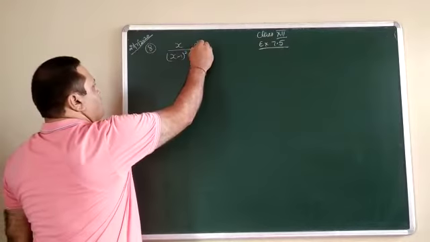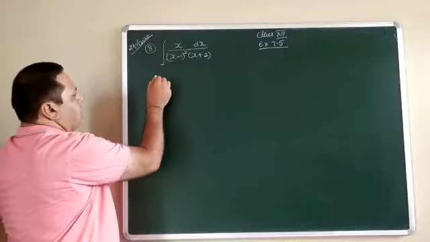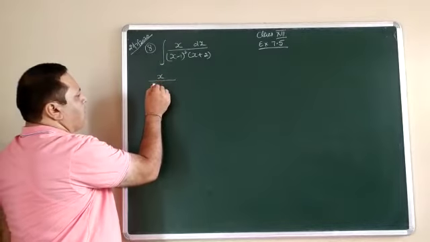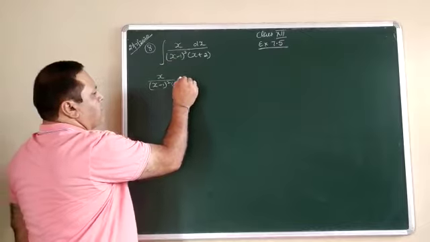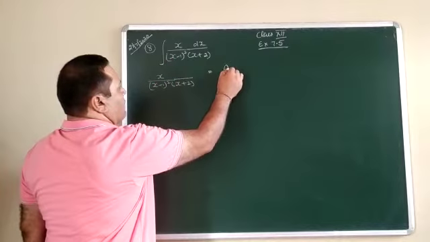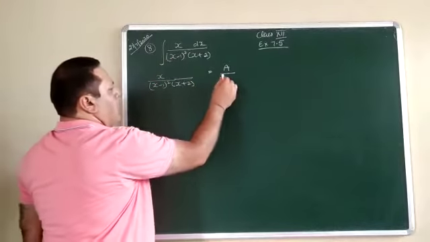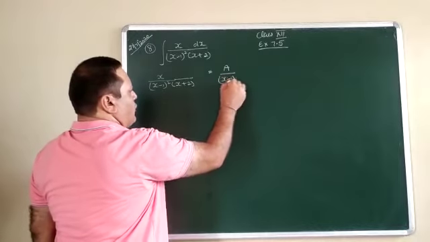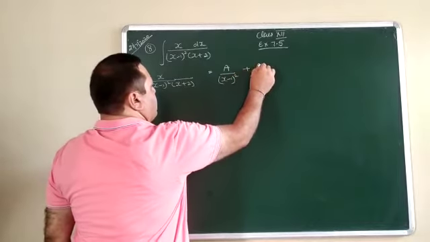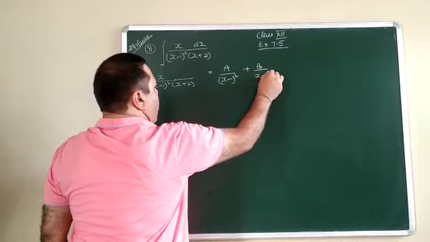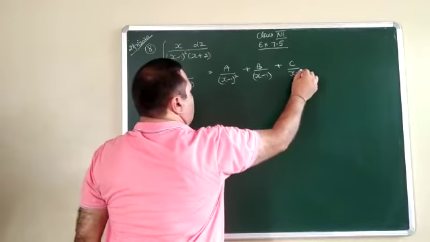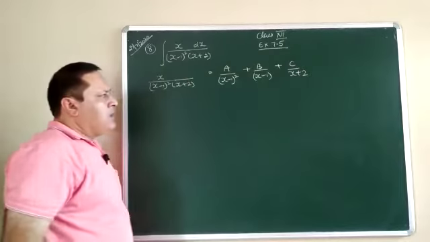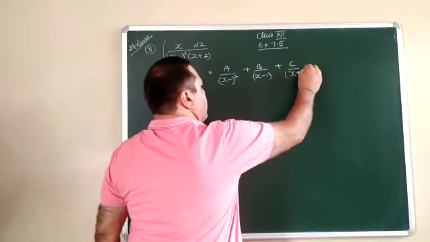Whenever you solve this question for integration, x upon (x minus 1) whole square into (x plus 2) is equal to a upon (x minus 1) whole square plus b upon (x minus 1) plus c upon (x plus 2). This concept is quite important.